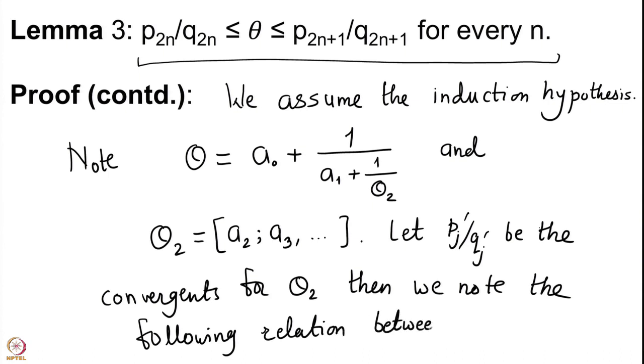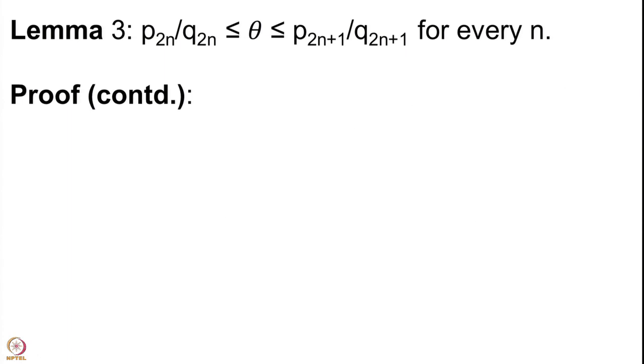Between Pn by Qn and Pj prime upon Qj prime, there is a natural relation, which is that Pn upon Qn, which is a0 plus 1 upon a1 plus 1 upon, and then we start writing the convergent for theta 2, which should have 2n minus 2 because we are taking 2n already here.